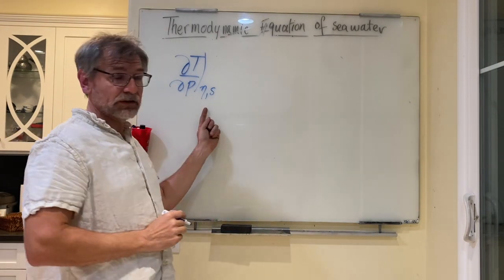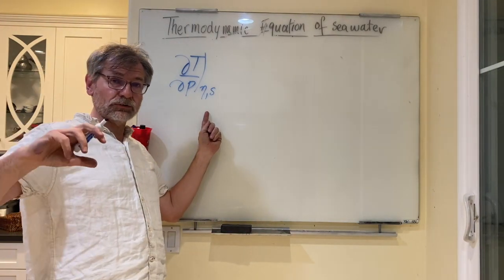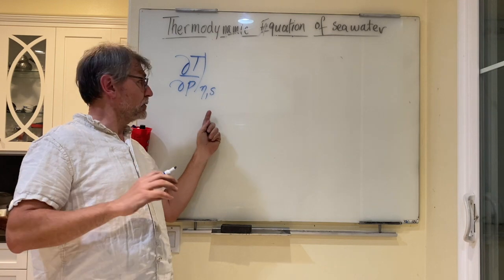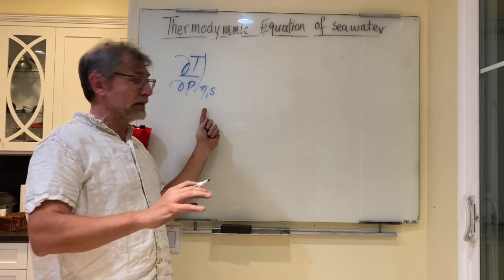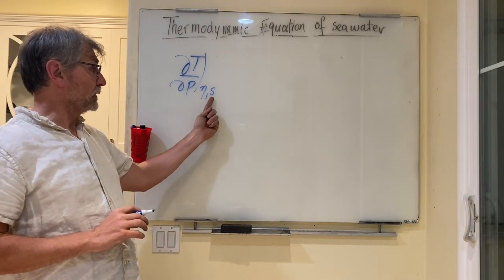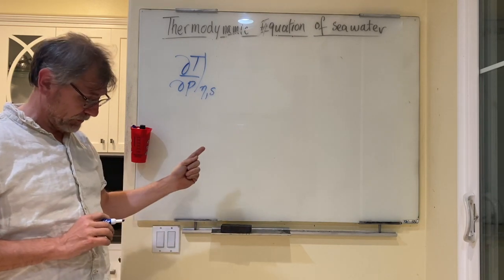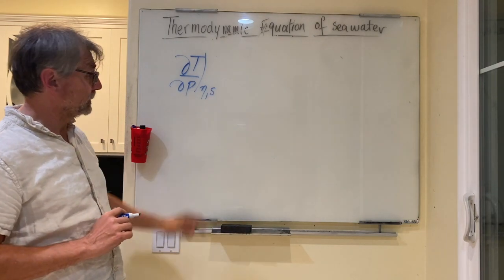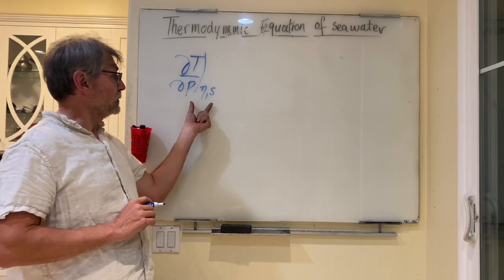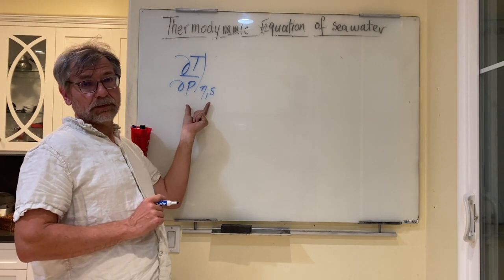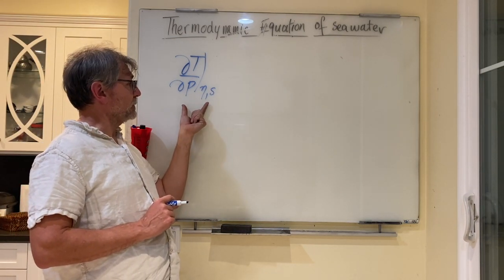And we use this all the time in oceanography because when water parcels travel in the ocean, to first order they get advected around adiabatically and without changing their salinity. So we want to use this quantity. But now we want to compute it from our Gibbs function, from the TEOS-10 Gibbs equation of state.